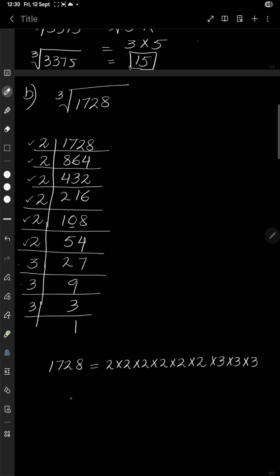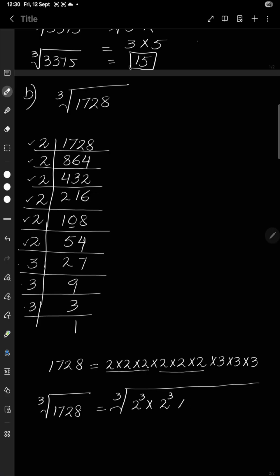Okay, but in the question we need to find out the cube root of 1728. If I take the cube root of this side, I have to take the cube root of this side as well. Inside a cube root, all numbers should be cubes. Okay, so these three numbers will make 2 cube, right? These three numbers will make another 2 cube, and these three will make 3 cube.